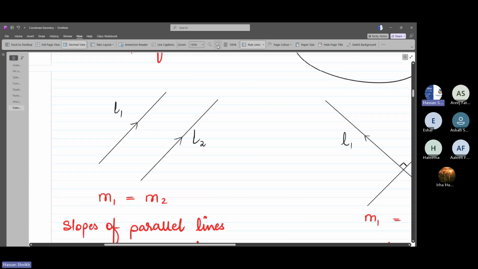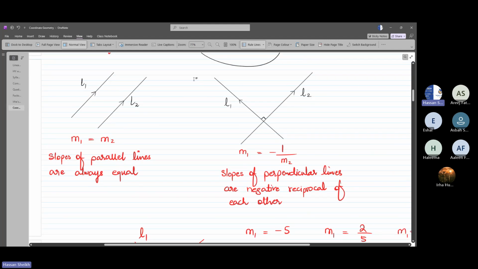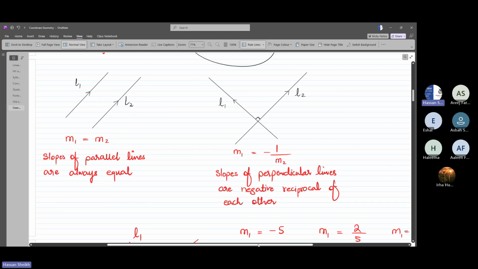Yes, they are parallel. And what about a ladder? The two sides of the ladder are also parallel. So remember that parallel lines never meet, and that's why they are equally steep. Agree?